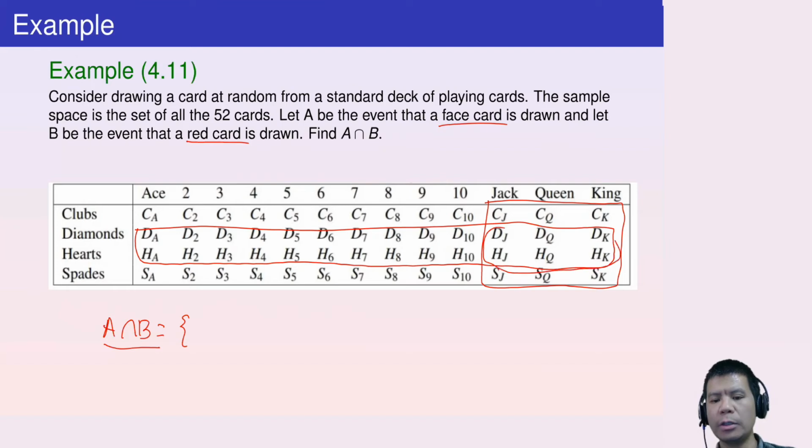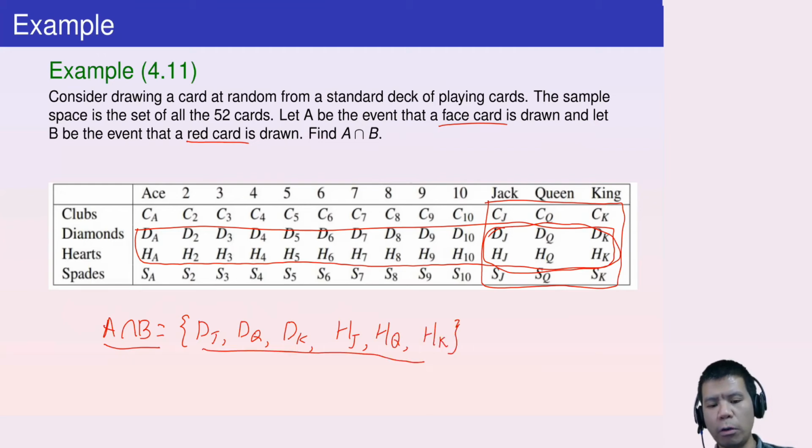So diamond jack, diamond queen, diamond king, heart jack, heart queen, and heart king. So they are all face cards, and at the same time, they are also red, right? So both face and red. Okay, so this is the intersection. So it consists of all the common outcomes in A and B.